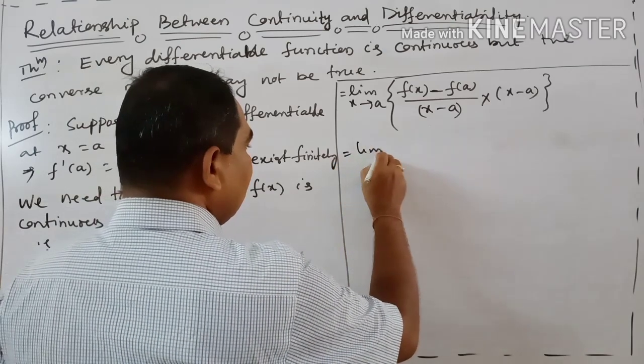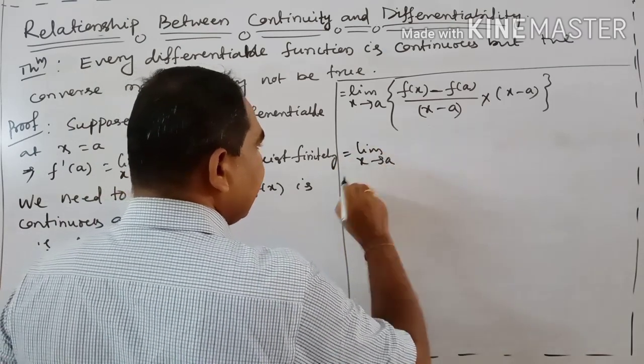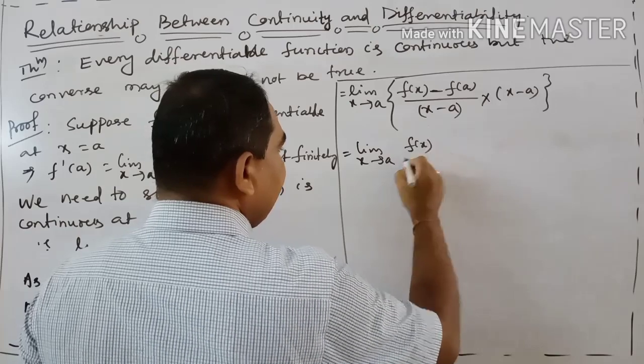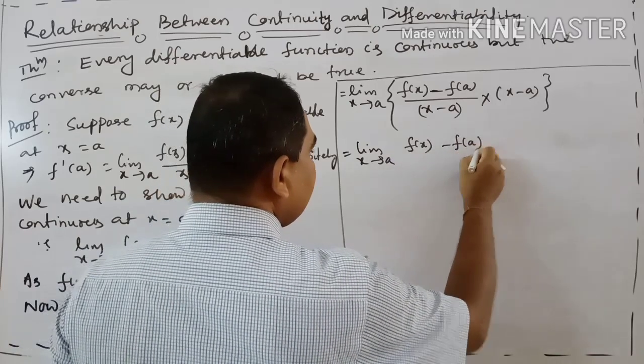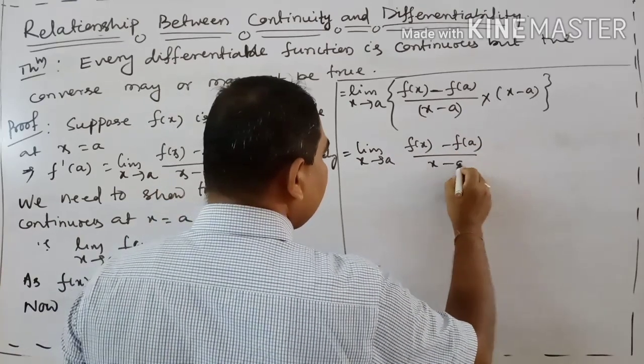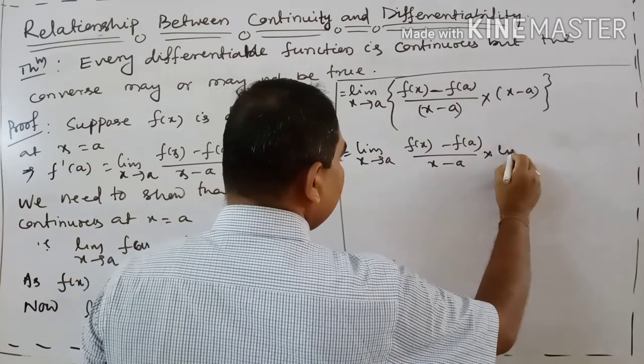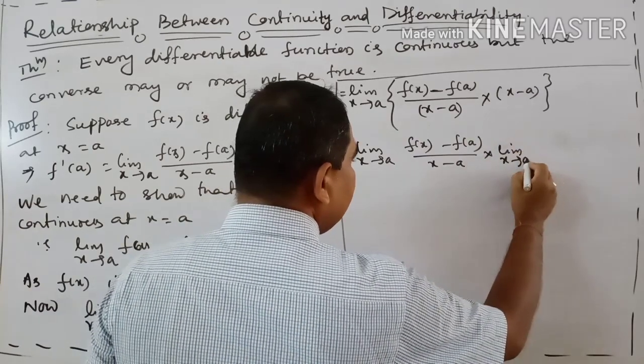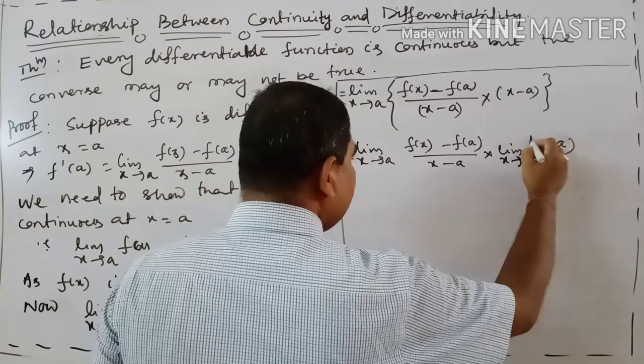This is equal to limit x tends to a, f x minus f a divided by x minus a into limit x tends to a, x minus a.